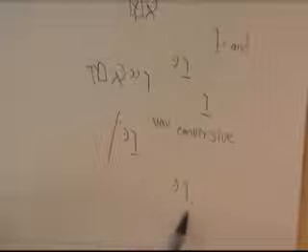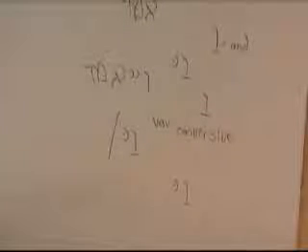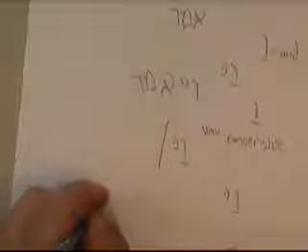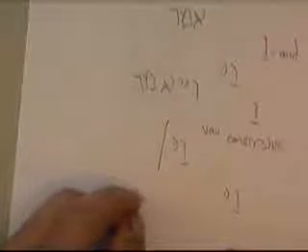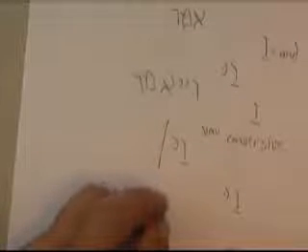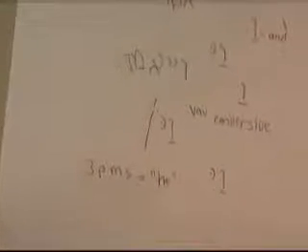The yod after a patak in every word with a vav, this yod is going to be a verb. It's going to be translated in the past tense, and it's the 3rd person masculine singular, which is the word he. First person is I, second person is you, third person is he.